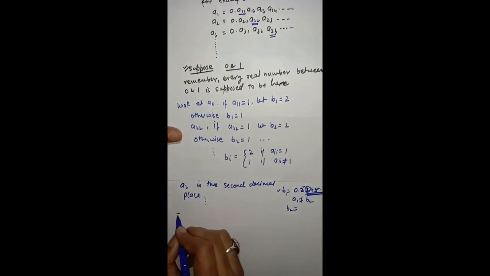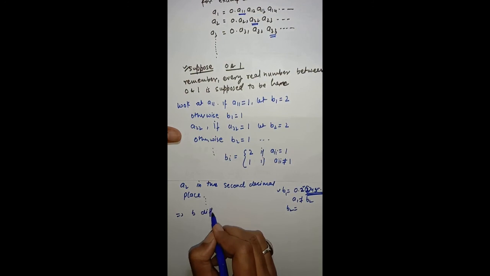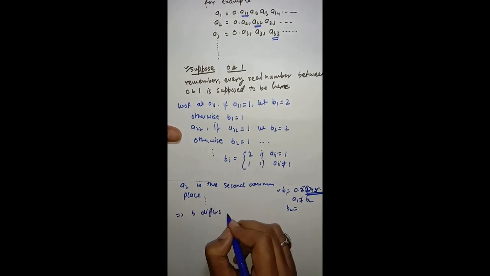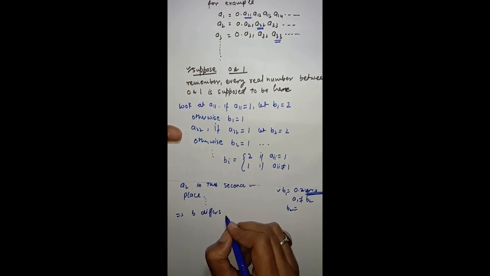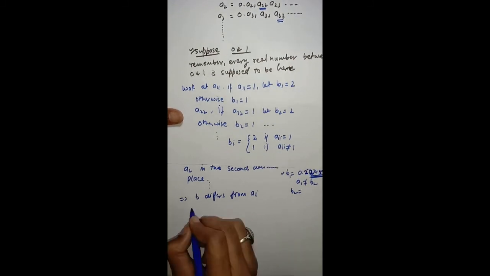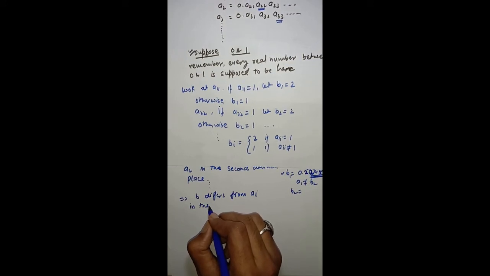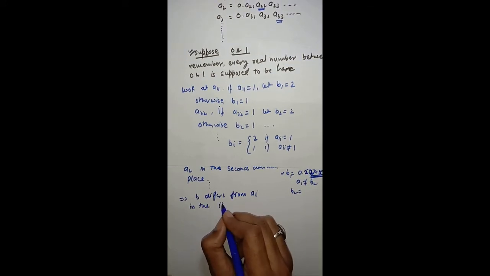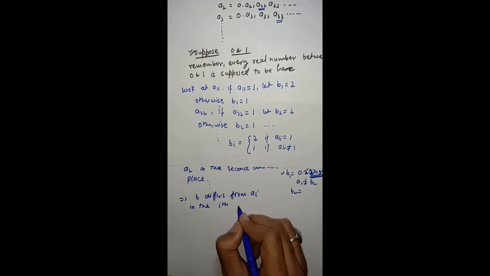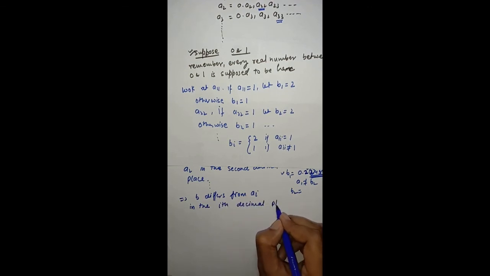This implies b differs from ai in the ith decimal place.